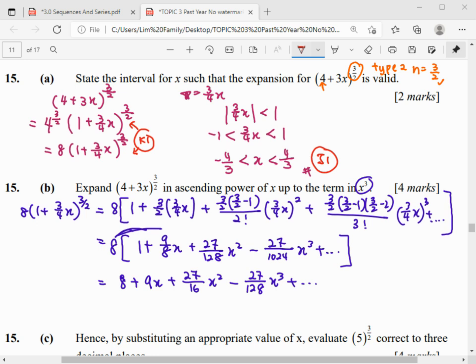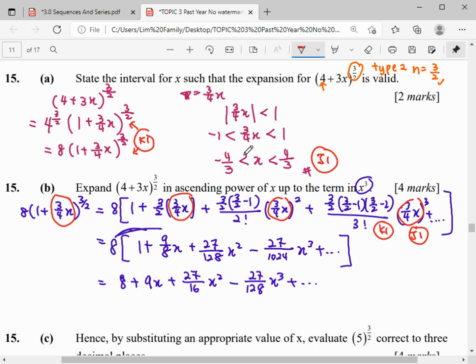Okay, so we see what is the important concept here. Our important concept, the first concept, is about using our formula. We see how you use it and how you expand the things. We see, are you using this to expand? And then are you using n minus 1, n minus 2, 3 factorial? So if everything is correct, we will award you another mark.